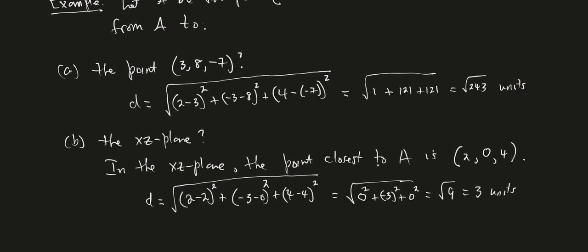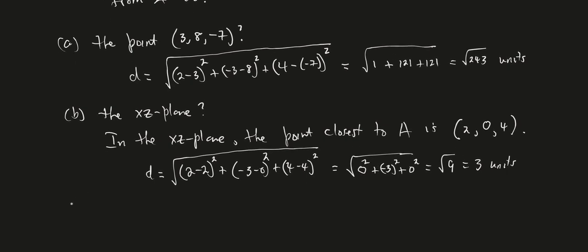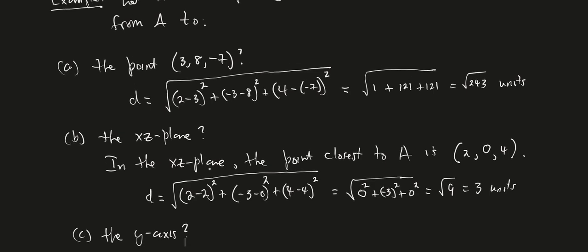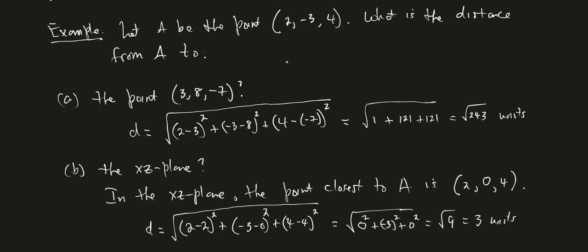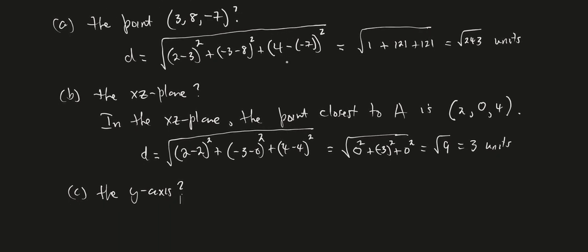And let's do a part C. Let's say part C is to the y-axis. Right, so I want to get from the point 2, -3, 4 to the y-axis in the shortest possible distance.